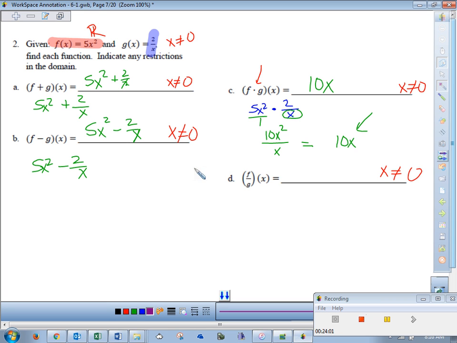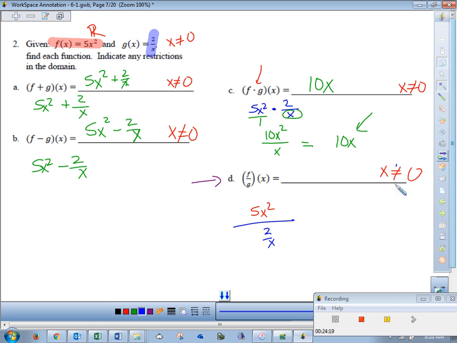And now, for the nightmare, this is the hard part. Got to take f, which is 5x squared, and divide it by 2 over x. We've already taken care of the original restriction in the domain, right? x can't equal 0.